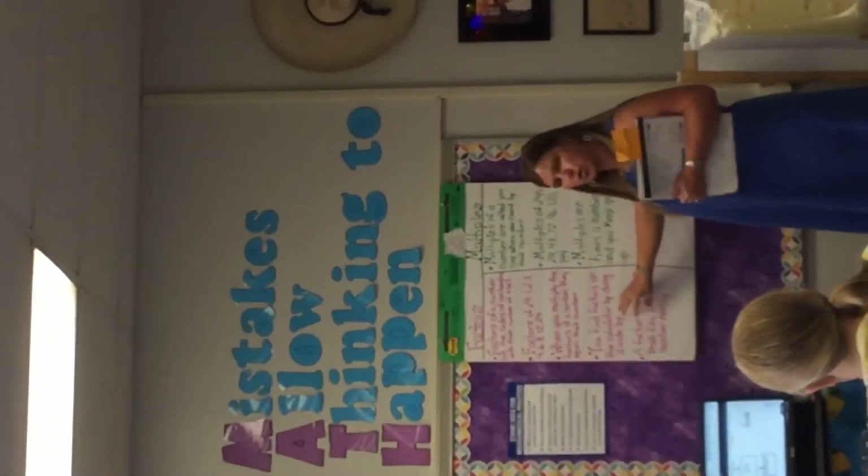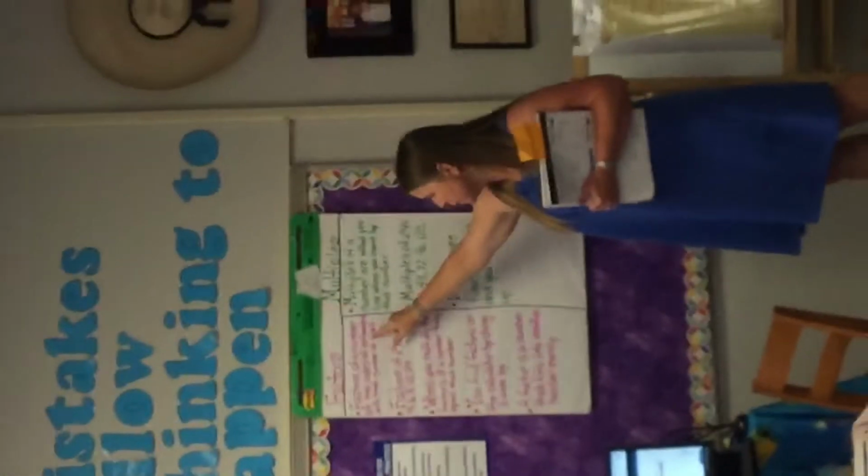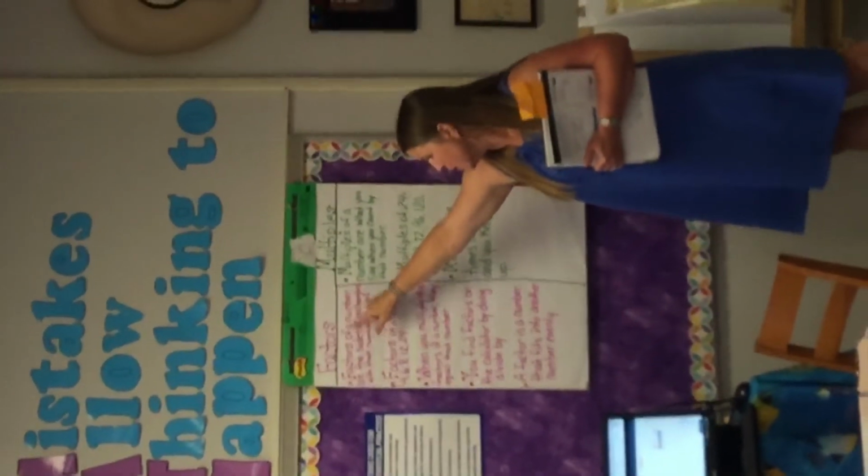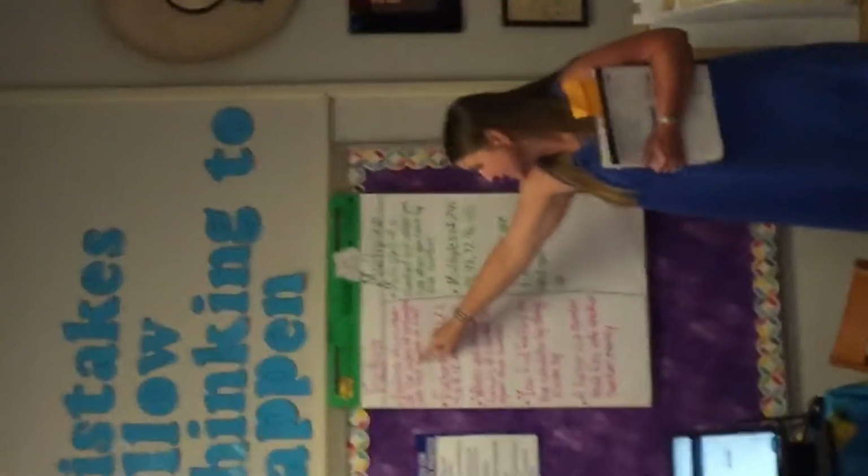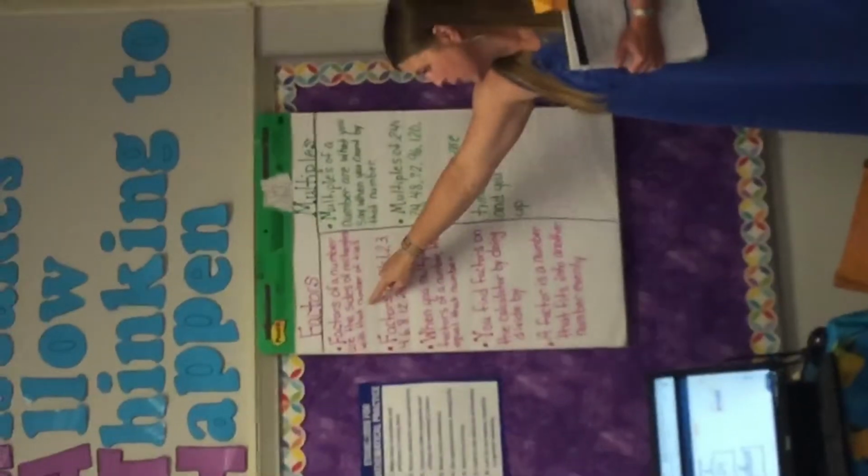Okay, so we're going to talk about factors first. And factors are in pink, and so everything in this pink is a rule of a factor. Factors of a number are the sides of rectangles with that number of tiles.